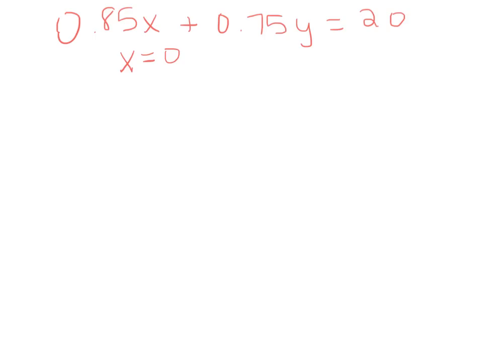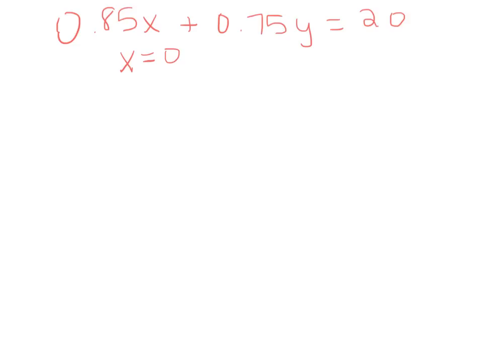So we'll take our 2 inequalities, and as you've noticed, I turned them into equals because it's easier to deal with them just as lines, because we're looking at the intersection of the 2 lines, not necessarily the feasibility region in between them. Since we have x is already equal to 0, we just need to figure out what y is. So we can substitute x equals 0 right here.